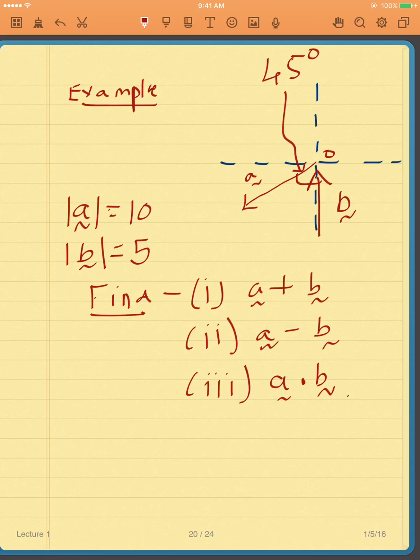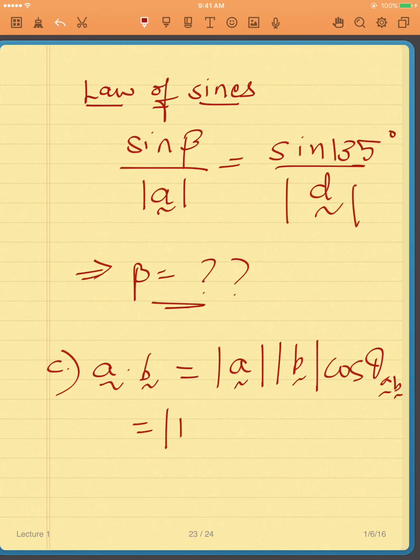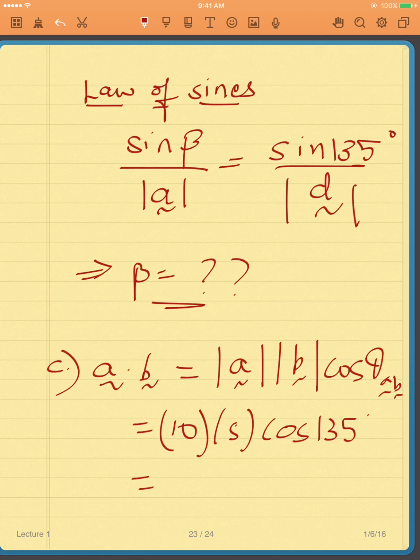So if you were to take this vector B and shift it up somewhere here, then you would have the angle between A and B. We already know that this is 45 degrees, so therefore this portion is 45 too, plus the 90 that comes from here, right? So that gives you an angle of 135 degrees. So using the magnitude of A as 10 times 5 times cosine of 135 degrees is equal to, you can fill in the number here.